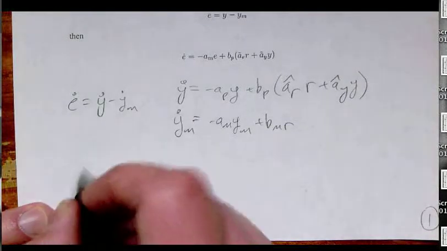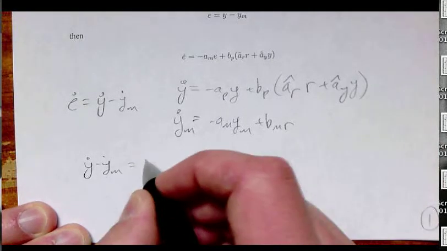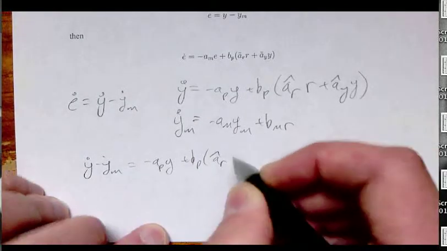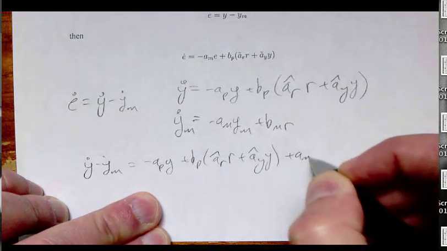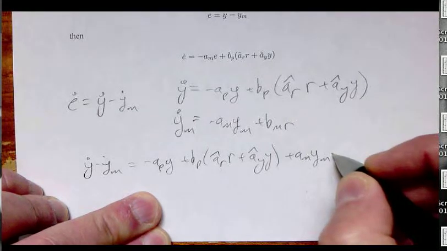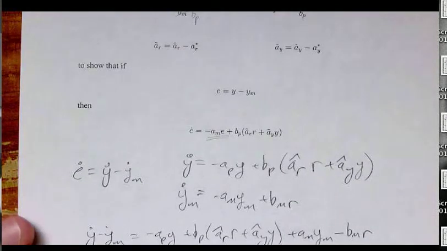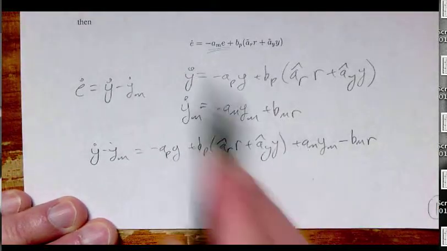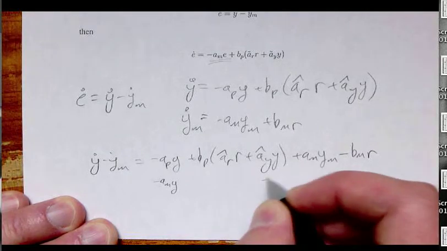So next, like I said, Y dot minus YM dot would just be taking this equation minus that equation, and so we get a negative AP Y plus BP times AR hat R plus AY hat Y plus AM YM minus BM R. And guided by this end goal of having a negative AM times E, I'm going to subtract off a negative AM Y and then add in another one over here.